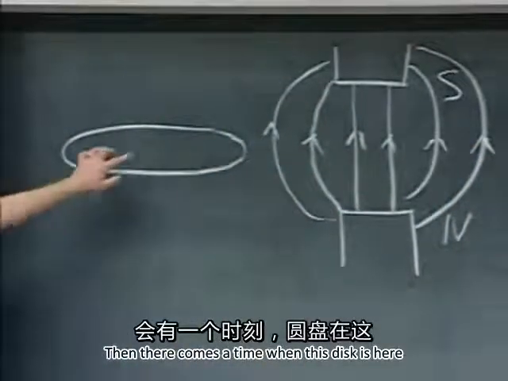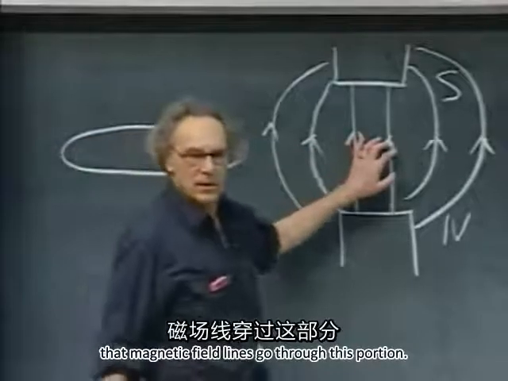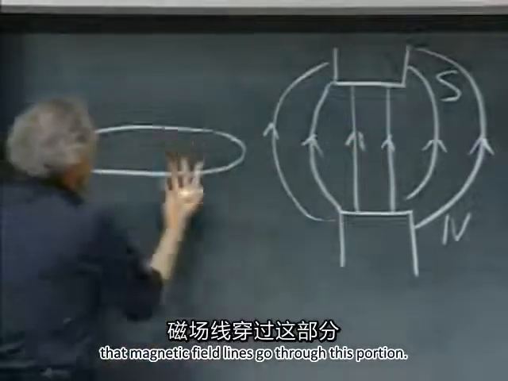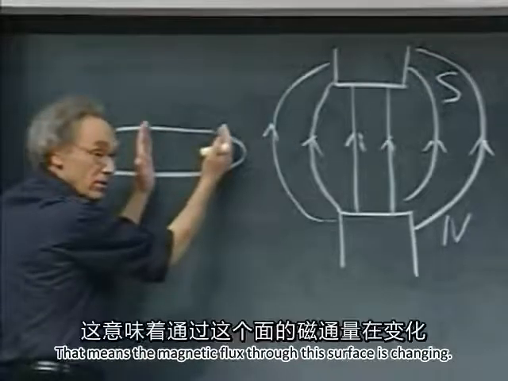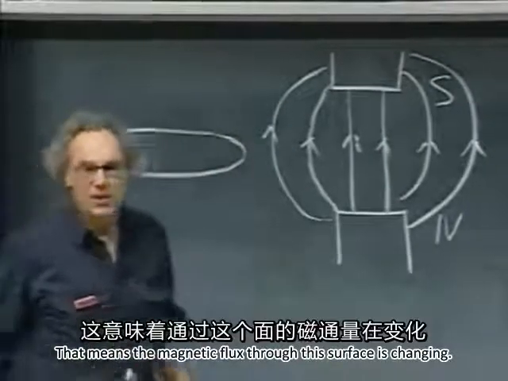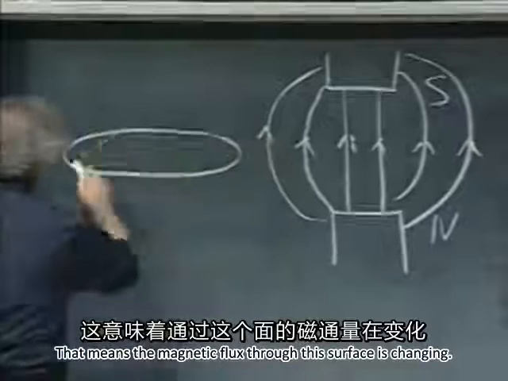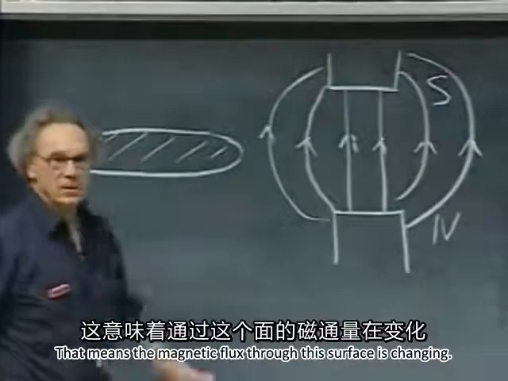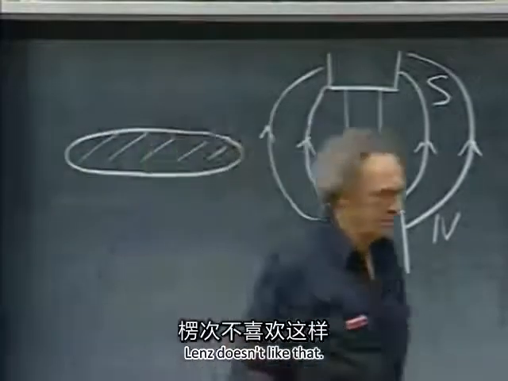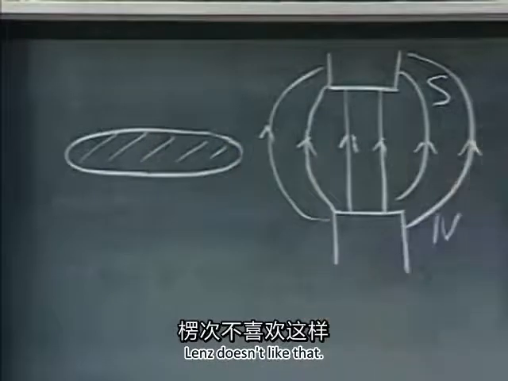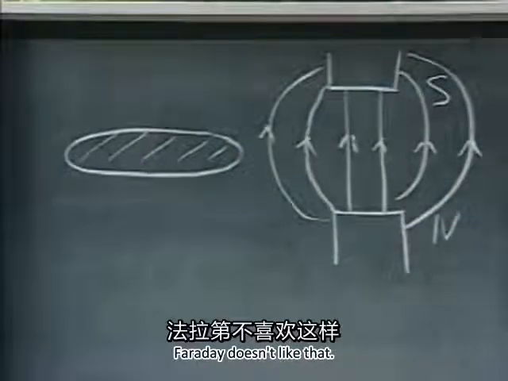Then there comes a time when this disk is here, that magnetic field lines go through this portion. That means the magnetic flux through this surface is changing. Lenz doesn't like that. Faraday doesn't like that.